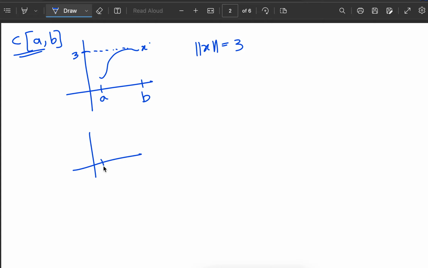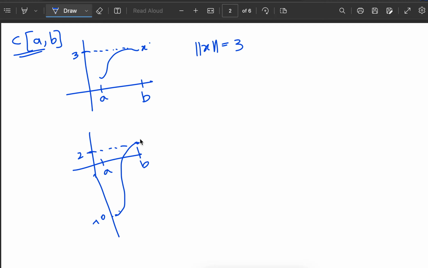Let's consider another function. Suppose this value is minus 10, and this value is 2.